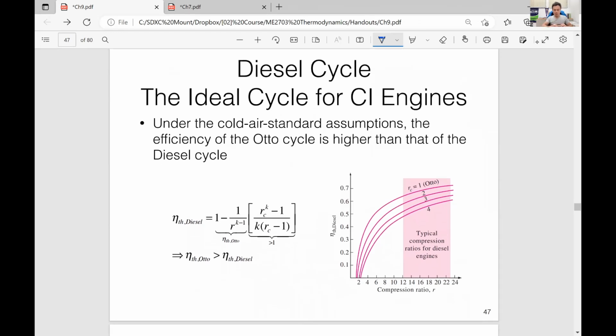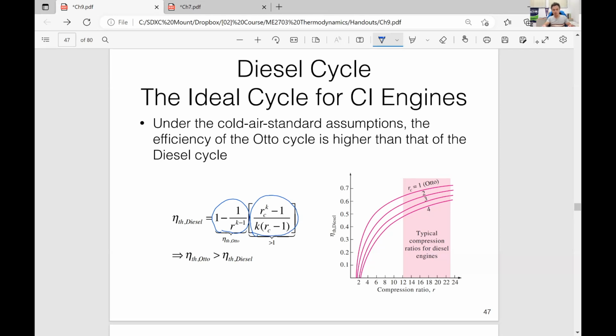So under the cold air standard assumption, the thermal efficiency can be written in terms of these three ratios. If you take a close look, you can see this part is actually the efficiency of an Otto cycle. And this other part is always larger than 1.